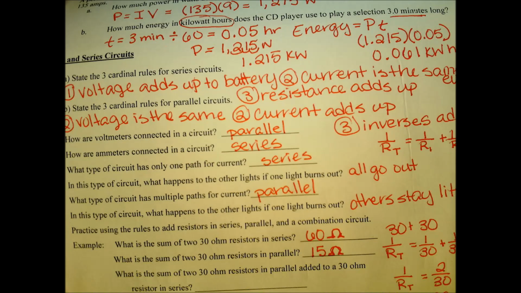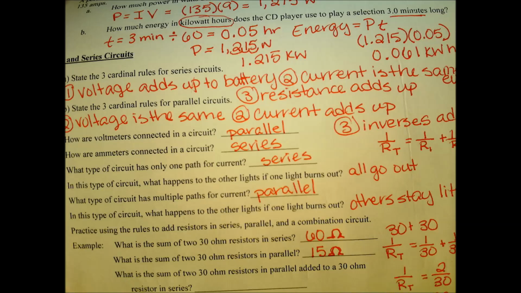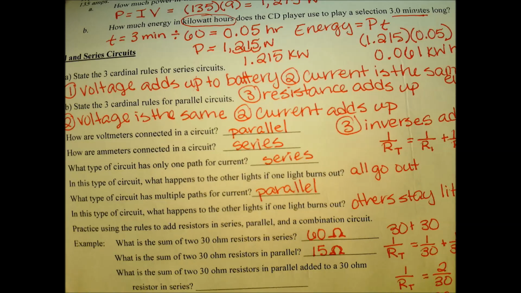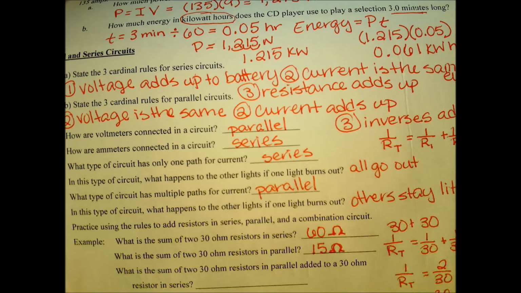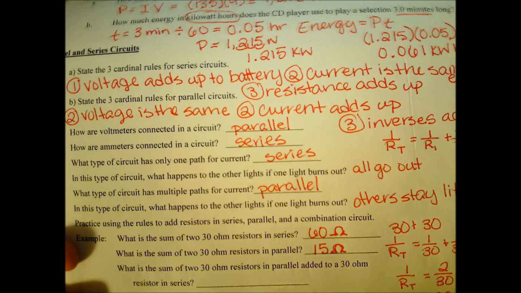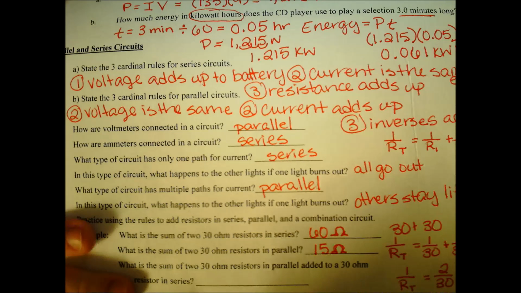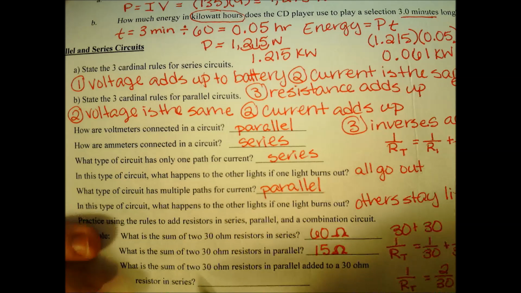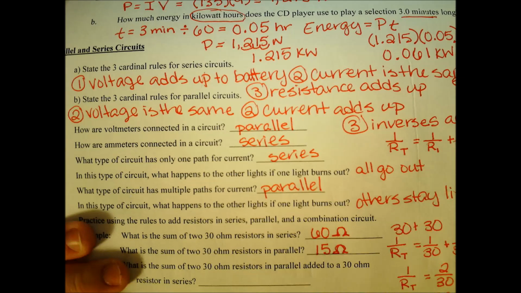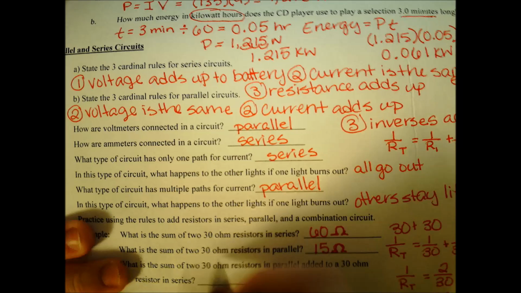What is the sum of two 30 ohm resistors in parallel added to a 30 ohm resistor in series? Now you want to add the two that have the same type first. So there are two that are in parallel, so we're going to combine them first. We just discovered that 2 in parallel would be 15.